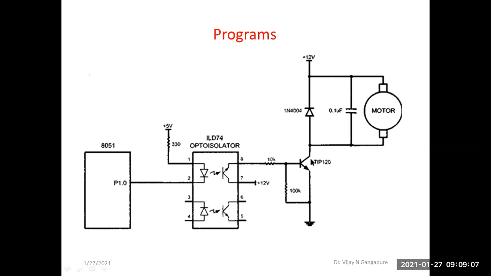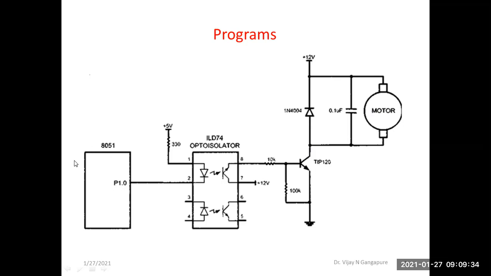Okay, means to turn on this transistor, means to turn on this motor, I have to output 0 on pin 0. And to turn off this transistor, that is to turn off this motor, we have to output 1. And the time for which the output is 0 and the output is 1 will determine the frequency and duty cycle of PWM we are generating on pin number 0 of port 1.